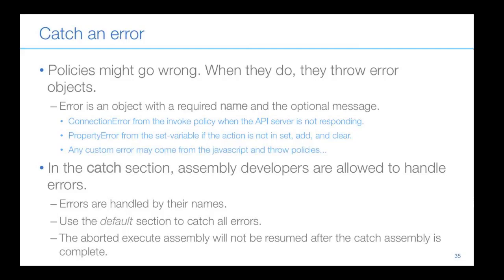Such errors can be handled in the catch section of the assembly by their names, or developers can just use the default case to catch any uncoded error. The execute assembly will not be resumed even after the catch assembly is finished.